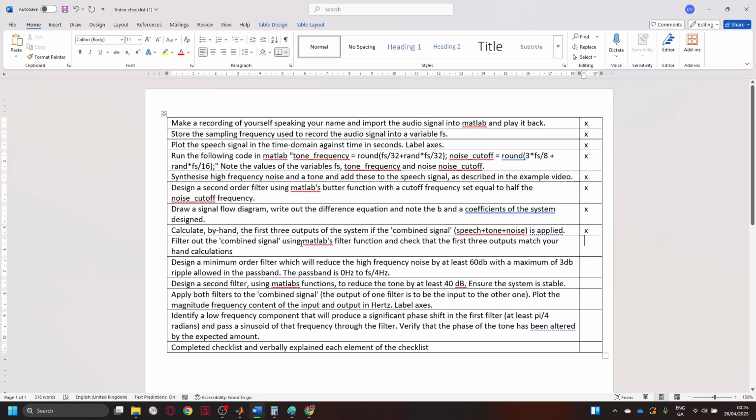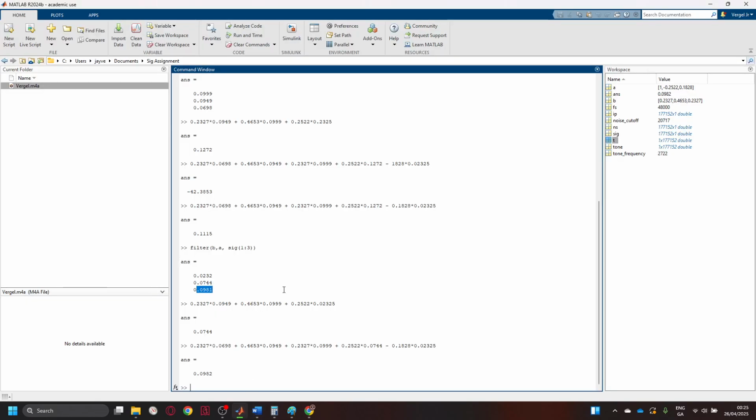Next is the MATLAB filter function. Yeah, we already did that as well. Next is to design a minimum order filter which will reduce high frequency noise by at least 60 dB with a maximum of 3 dB ripple allowed in the passband. So for that, the minimum order filter will be the Butterworth function.